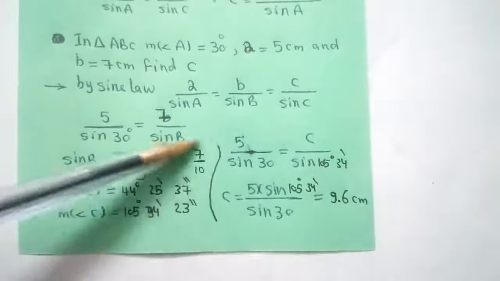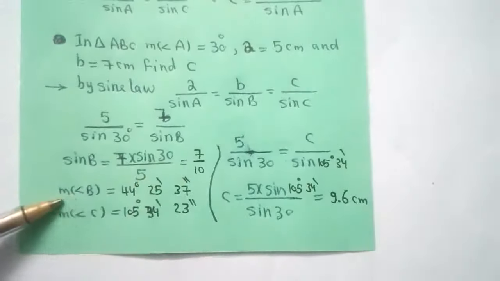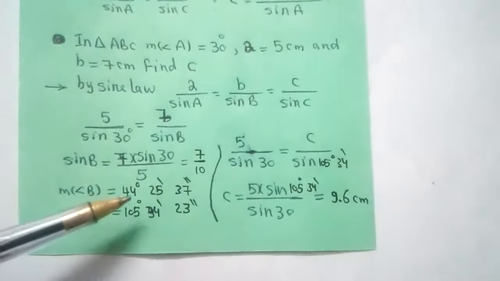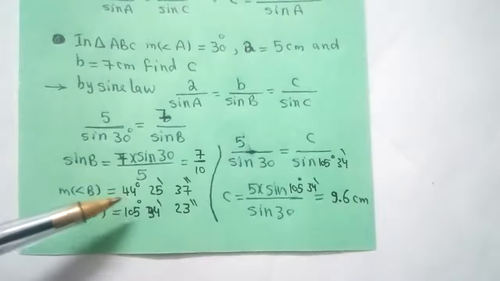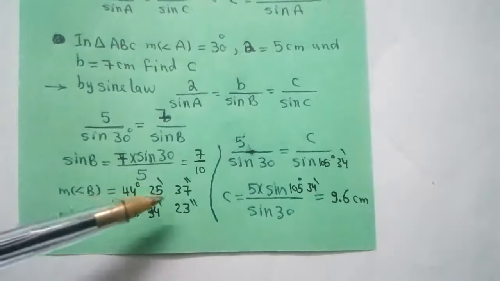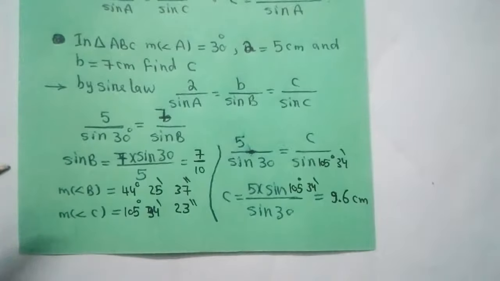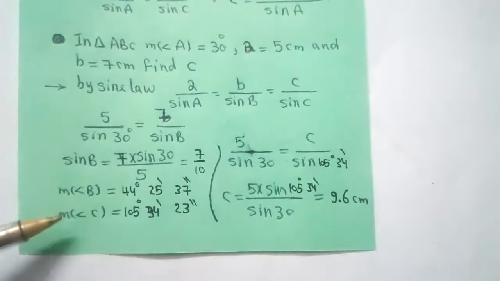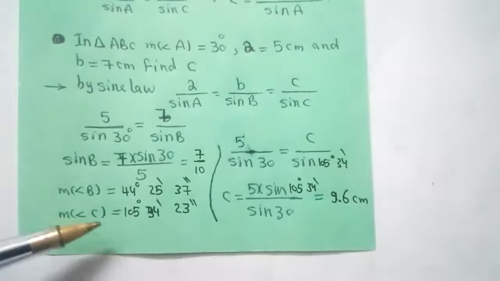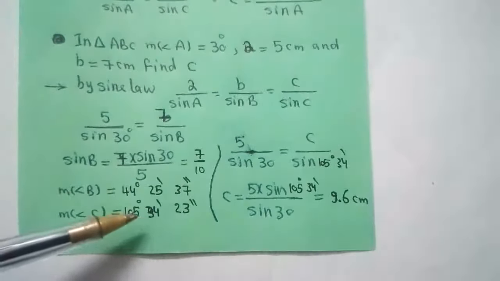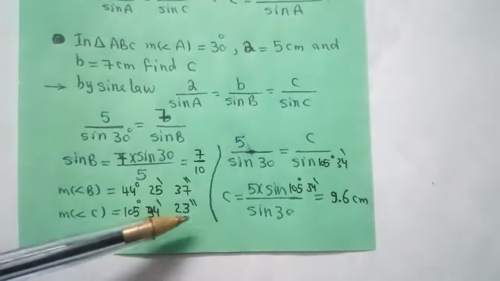Shift sine of 7 over 10. Measure angle B will be 44 degrees, 25 minutes, 37 seconds. By 180 minus (A plus B), measure angle C will be 105 degrees, 34 minutes, 23 seconds.